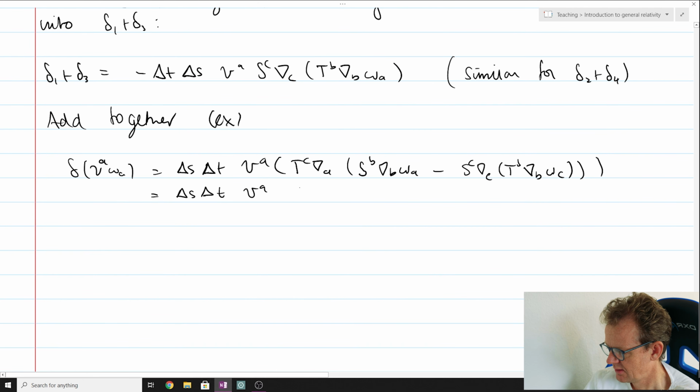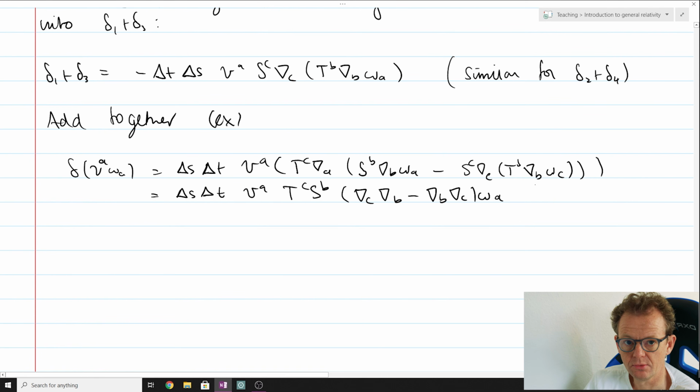And now let's rearrange things, and we'll see that we get quite a familiar expression. Namely, we get the commutator of these two derivative operators applied to the dual vector.